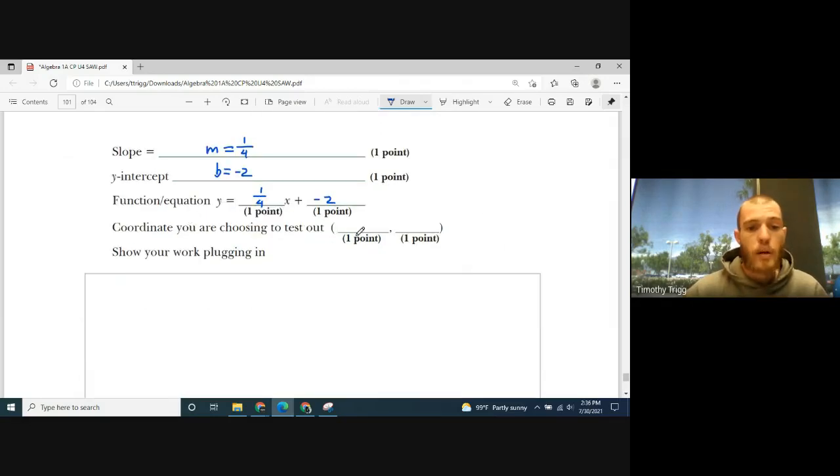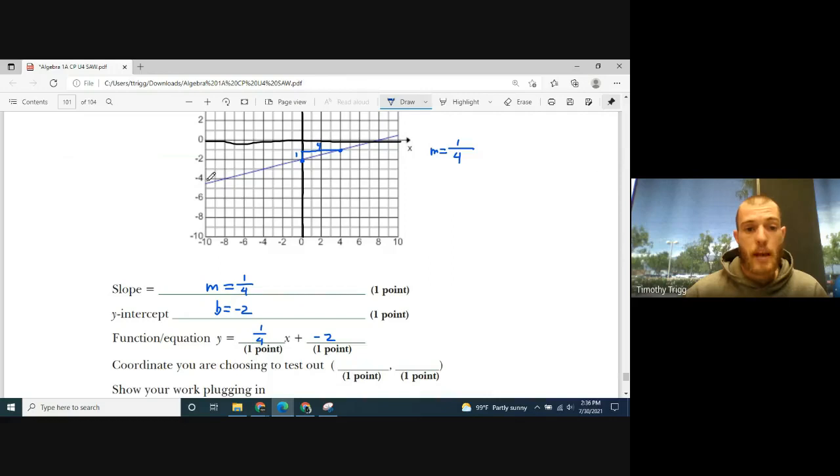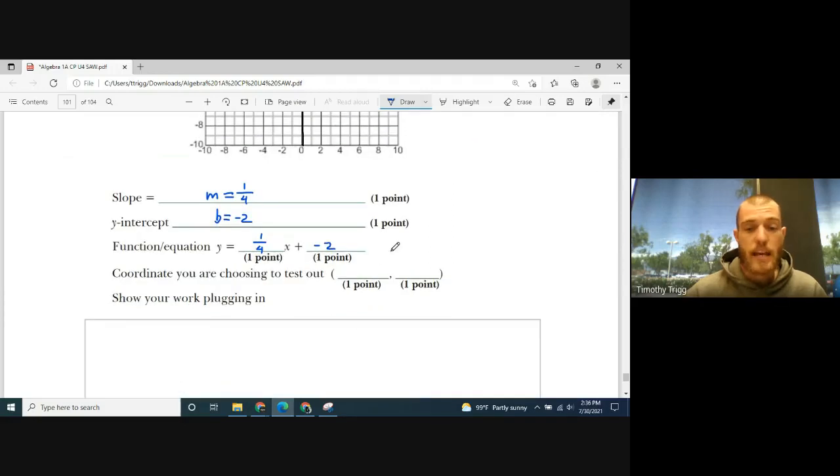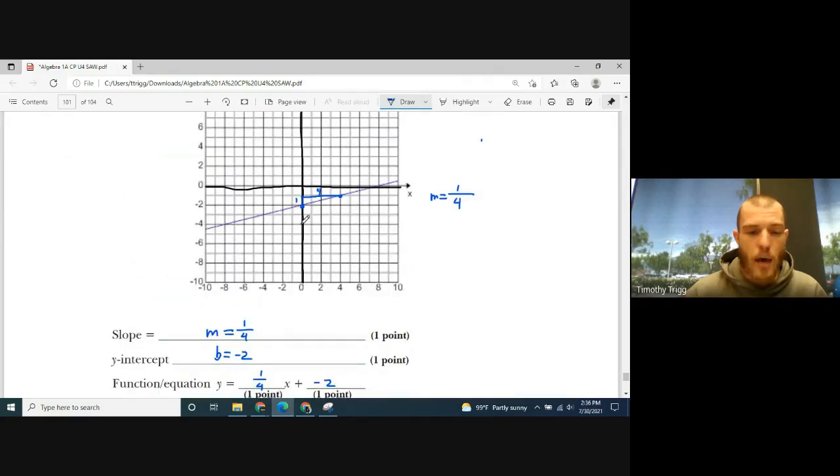Now we're going to use a coordinate from this graph as a test point. I would suggest picking any point that is basically on the grid lines. We could use one of the points we've already used to find the slope, or we could use a new point. I'm going to use a new point here.